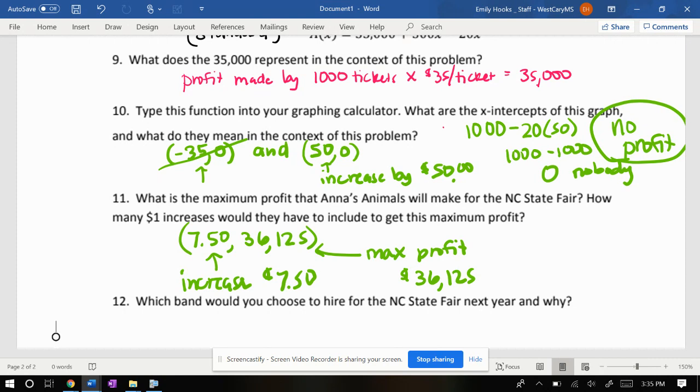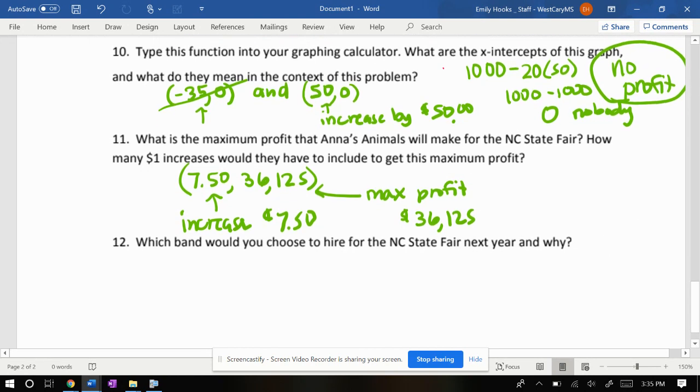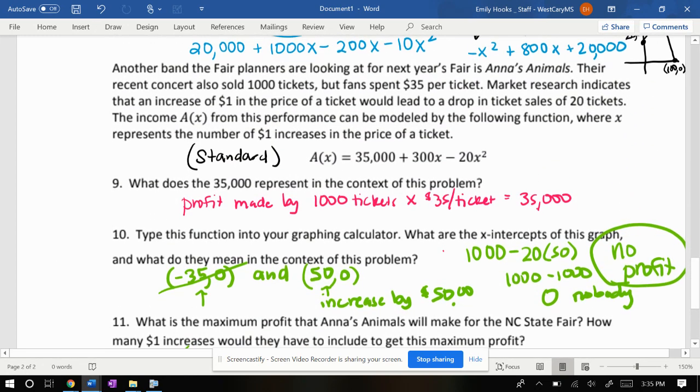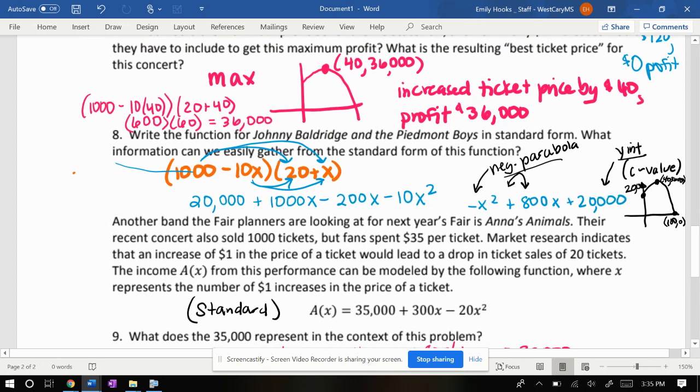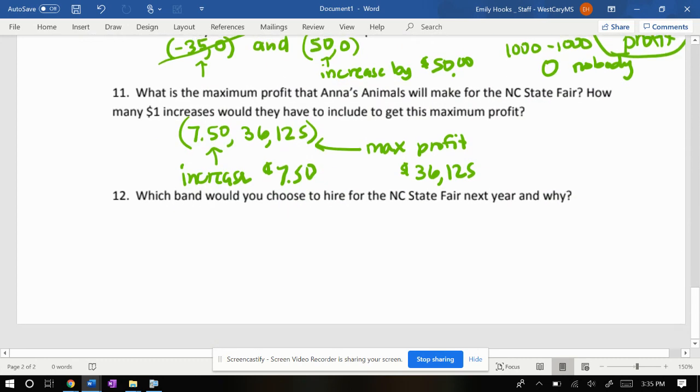Okay. So which band would you choose to hire for the NC State Fair next year? I would go with the one that's going to give you the most profit, even though it's only $125 difference. I guess I would go with Anna's Animals, because if you look back at, I keep forgetting the name of that other band, Johnny Baldridge.